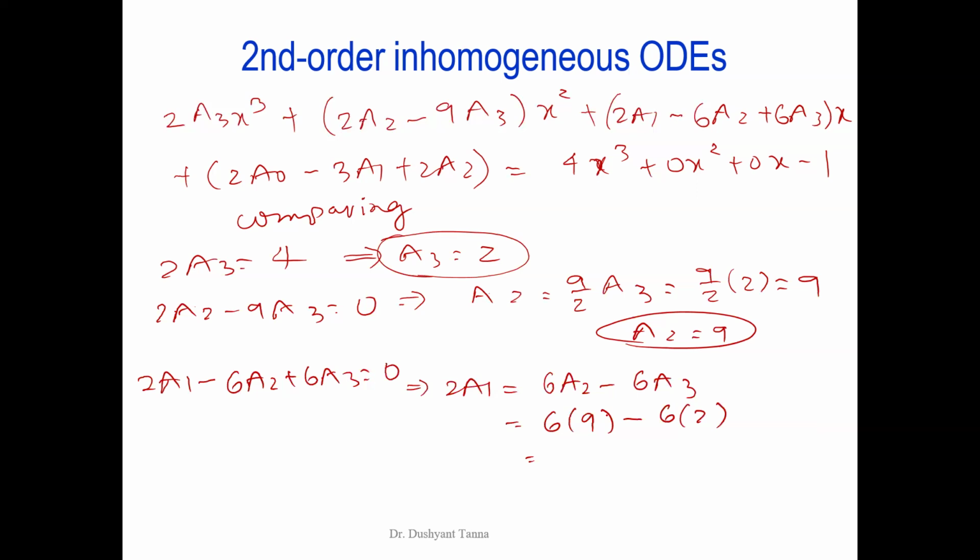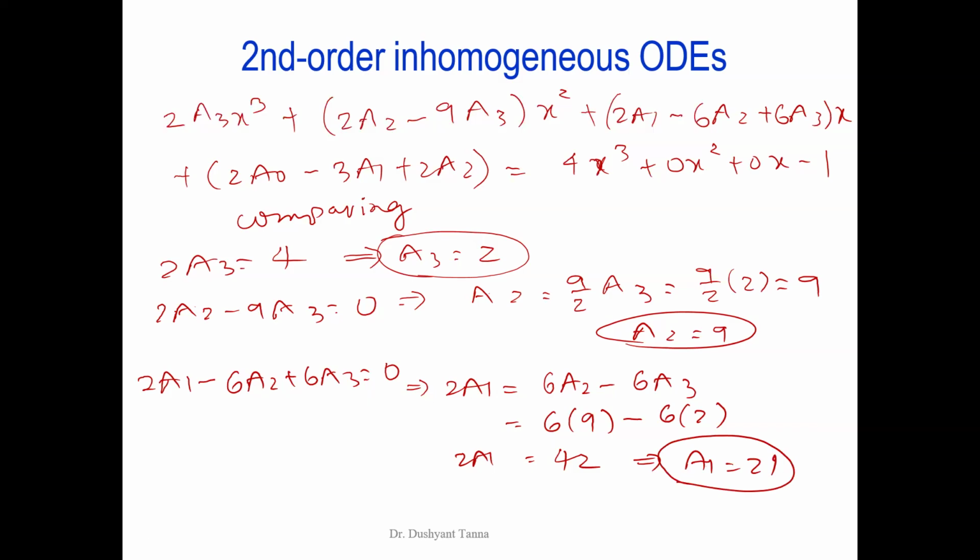Did I get it right, or did I miss something? Looks right. So 2A1 is 42, and 42 divided by 2, A1 is 21. Right?